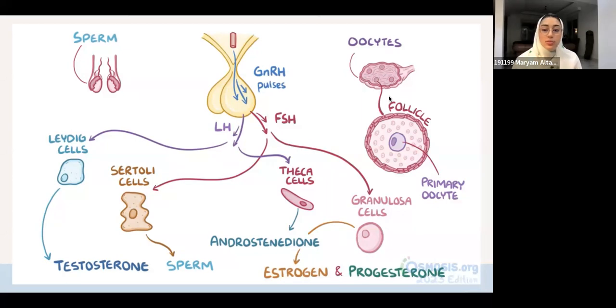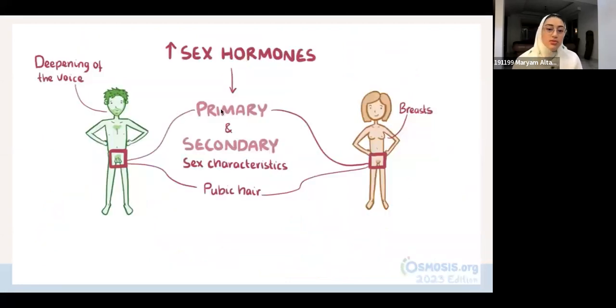And so these lead to the production of our mature cells that lead to, in males, just the production of sperm, and in females, the menstrual cycle. And so the increase in sex hormones associated with puberty leads to the development of primary and secondary sexual characteristics. So the primary basically being the development of our genital organs and the growth of breast tissue in females.